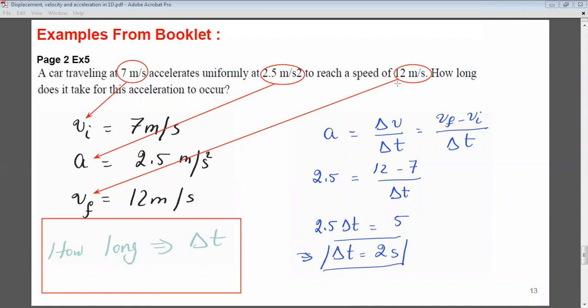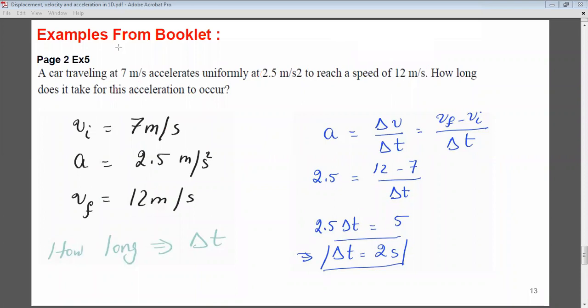I don't see hour somewhere and kilometer somewhere, okay? Now, instead of A, I will put 2.5. Then V final is 12 minus 7 over delta T. Cross multiply. 2.5 delta T equal to 12 minus 7, which is 5, implies delta T equal 2 seconds. Okay.